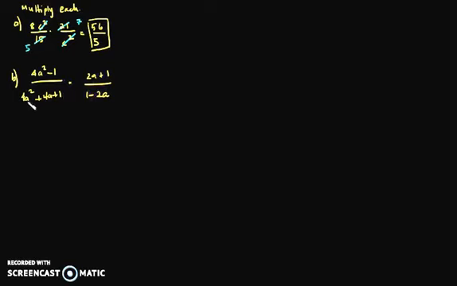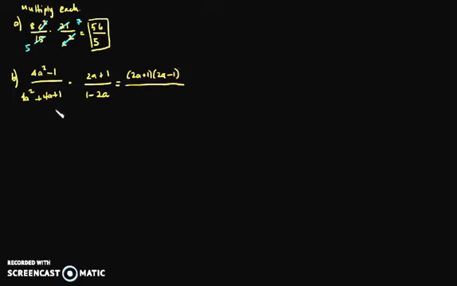First, I'm going to look at the numerator. As you can see, I can still factor this using difference of two squares. Rewriting, that gives me 2a plus 1 times 2a minus 1 all over.